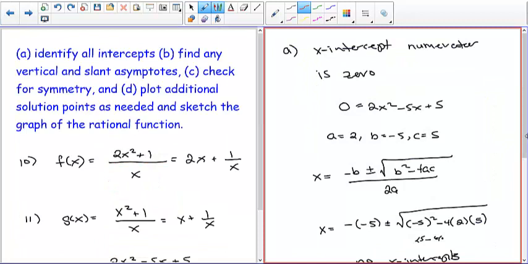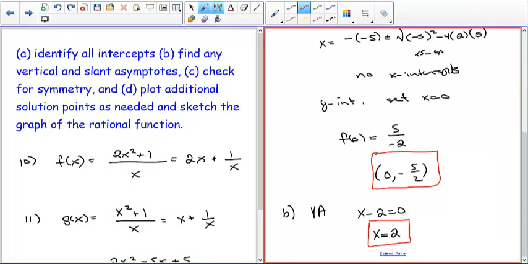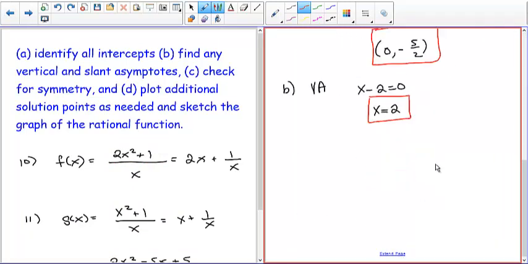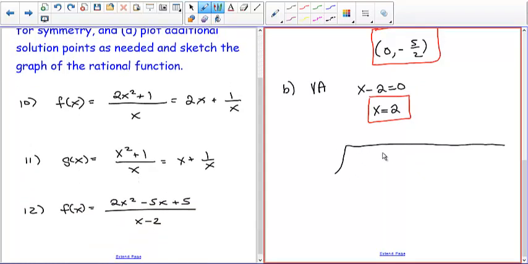So the slant asymptote. So we're going to just have a little more difficult polynomial division, but it's not terrible. So we'll have 2x squared minus 5x plus 5 and x minus 2. Okay, so what do I need to multiply x by to get 2x squared? 2x.